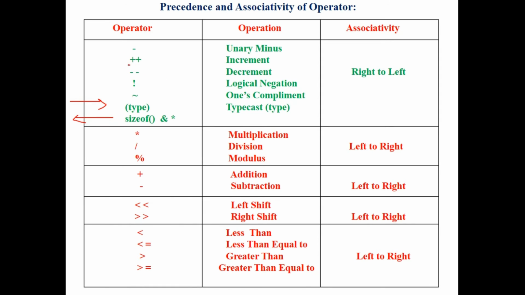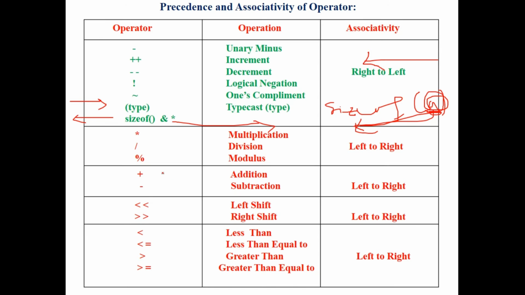When you perform plus plus, minus, or any such operator, just take the example of the sizeof operator, sizeof a variable a. Here we go from right to left: we take the variable and calculate the size of a. So for this operation, the associativity is from right to left.